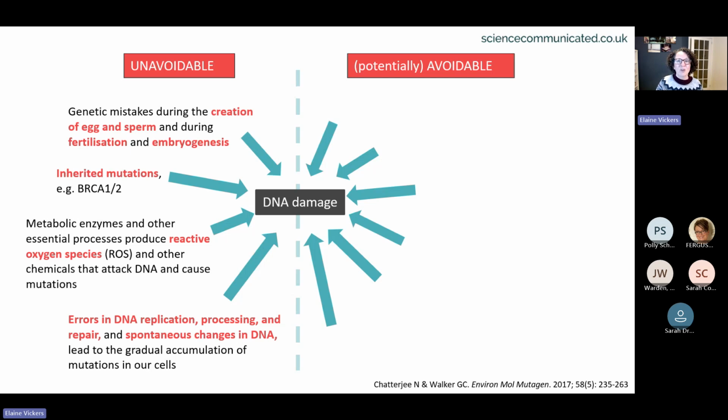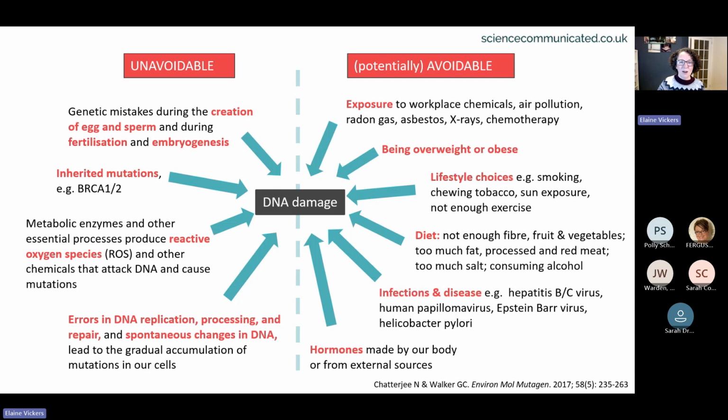And they never manage to repair all of it. So there's damage that gradually accumulates, there's damage that we inherit. Also, as cells multiply, they always make a few mistakes in their DNA when they go through that multiplication process. So there's a whole lot of mutations happening every cell, every day in our body that we can't influence, that we can't change, that are a fact of life.